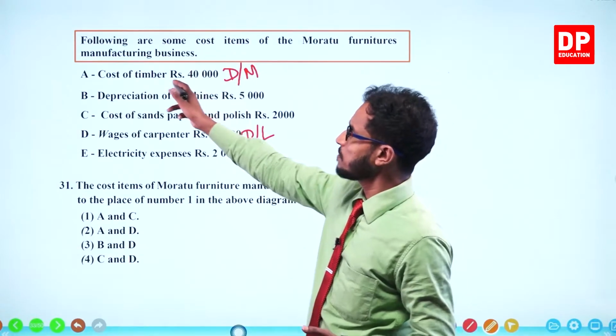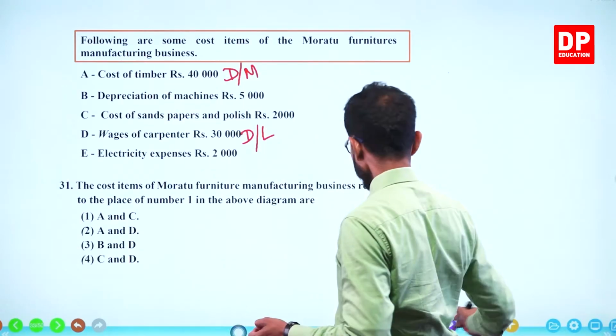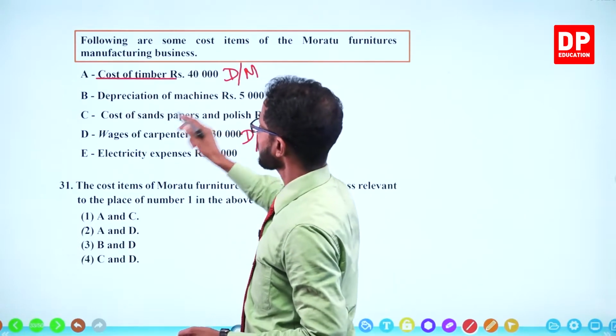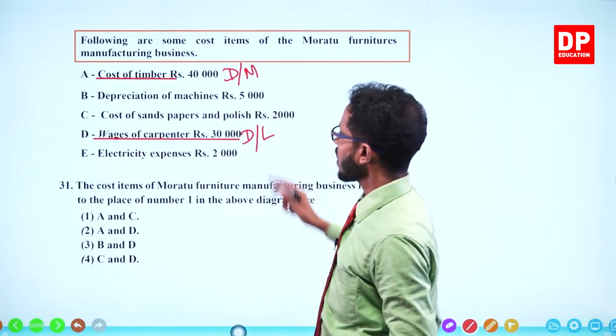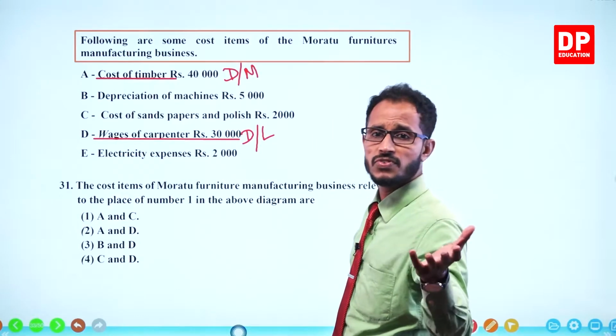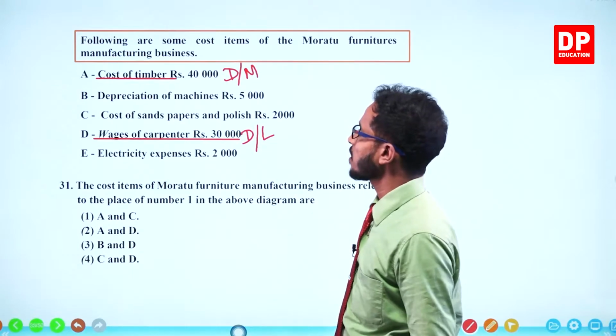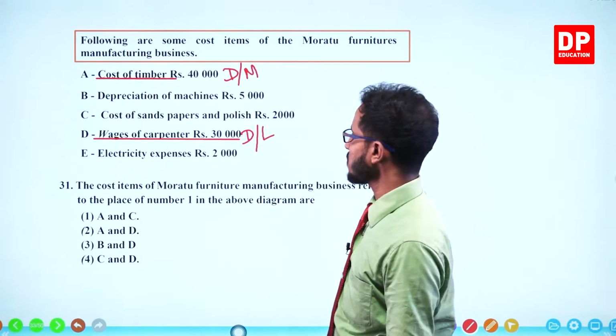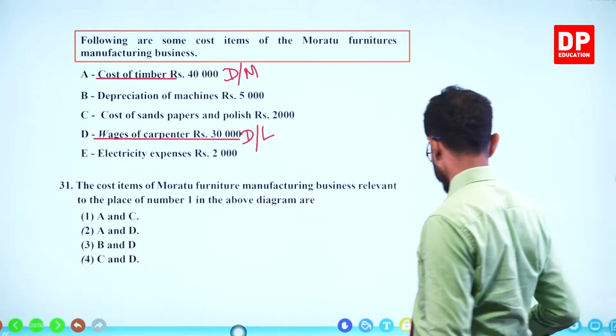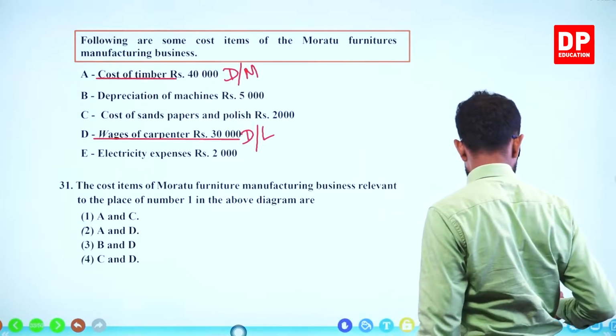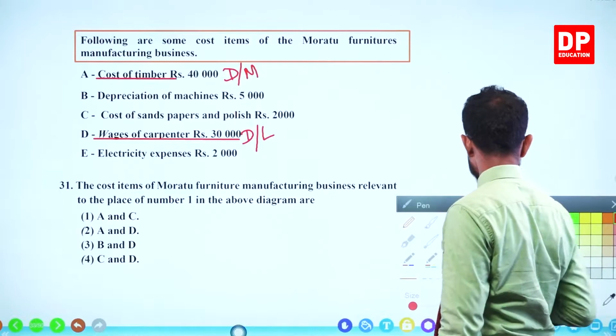So wood or timber is the direct material, and the guy who's making the furniture items is the carpenter, the direct laborer. Then we have some other direct, indirect items.